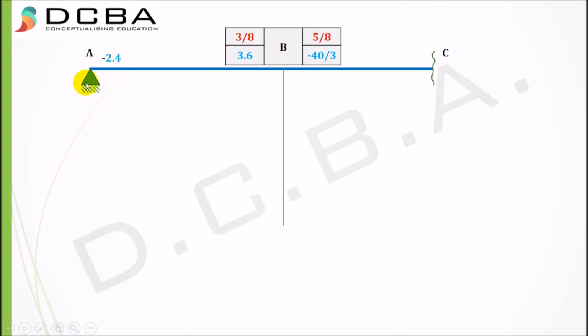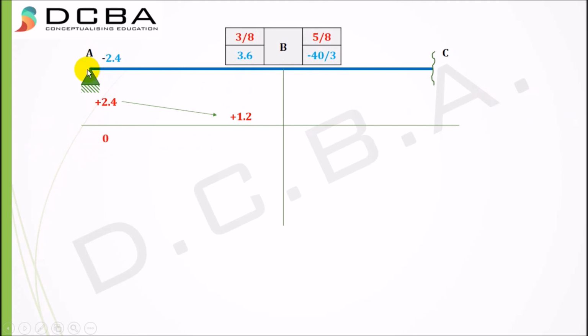If you see, this is a hinge support, so we have to release this particular fixed end moment. So I give an external 2.4 kilonewton meter moment here, which has to be carried to the other side, and it gets half when it is carried. Half of 2.4 is 1.2, and then we sum it up again.